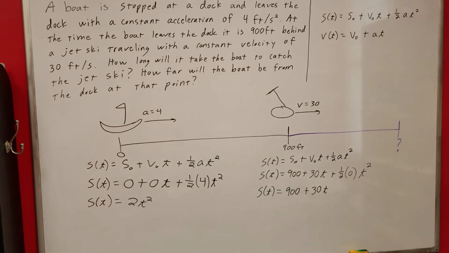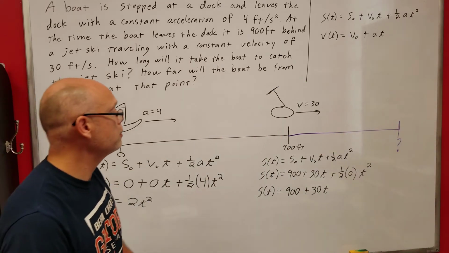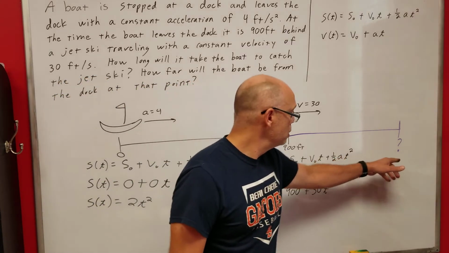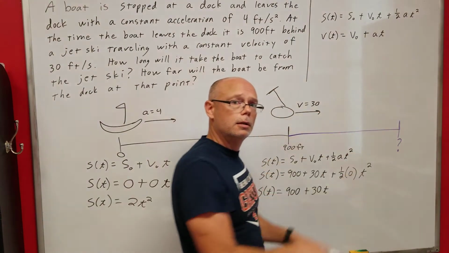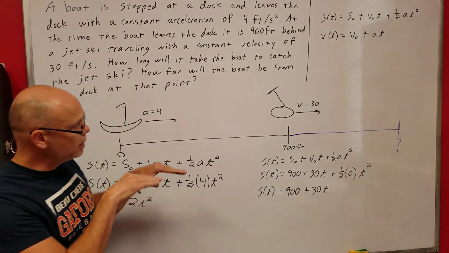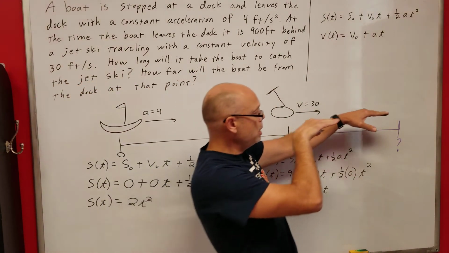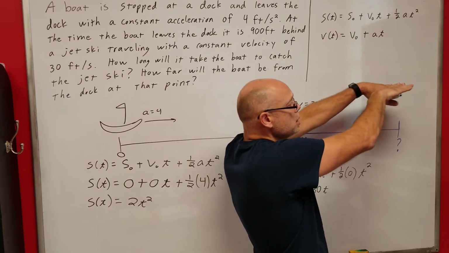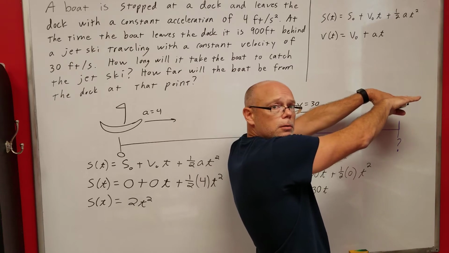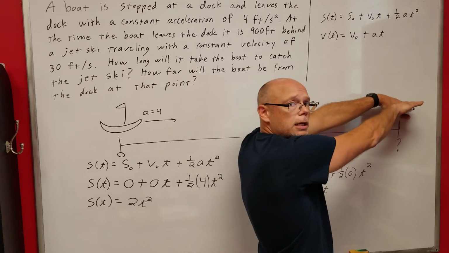All right, now, what am I trying to find? I'm trying to find over here where the boat catches the jet ski, right? Well, let me ask you this. What do you know about their positions right here where the boat catches the jet ski? Aren't their positions going to be equal where the boat catches the jet ski? Yeah.